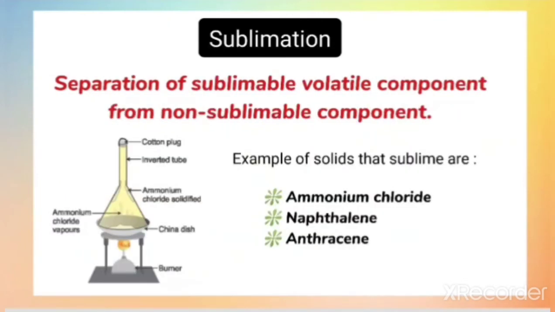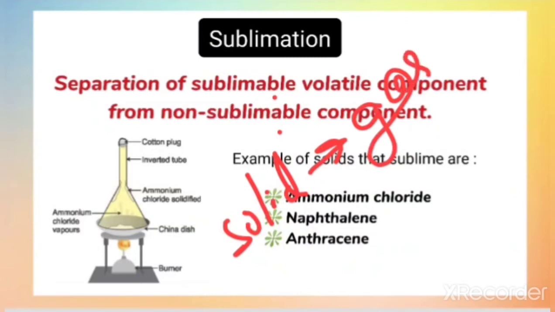Next is the technique called sublimation. Sublimation is used for the separation of a sublimable volatile component from a non-sublimable component. That means a solid substance that has the tendency to get directly converted into the gaseous state, that process is called sublimation. So a substance which can sublimate, that means which can directly convert into gas, can be separated by sublimation.